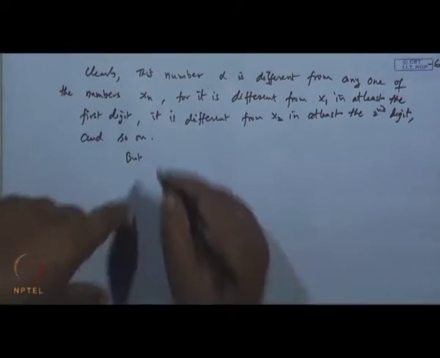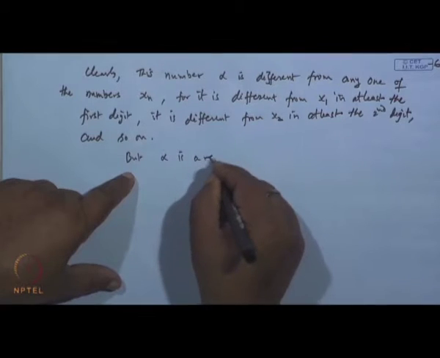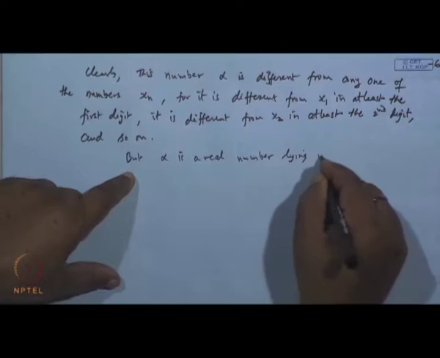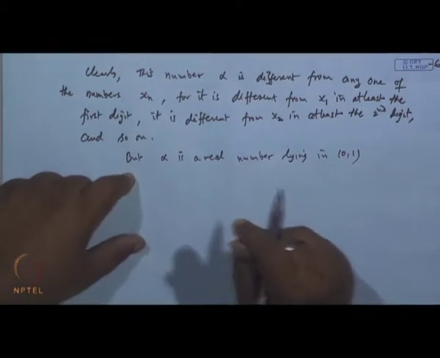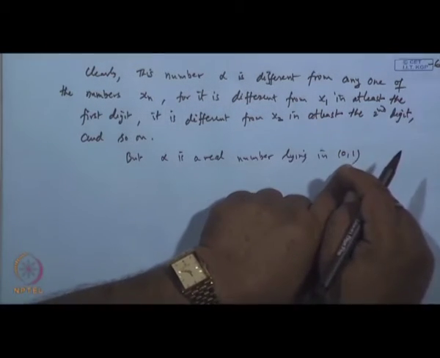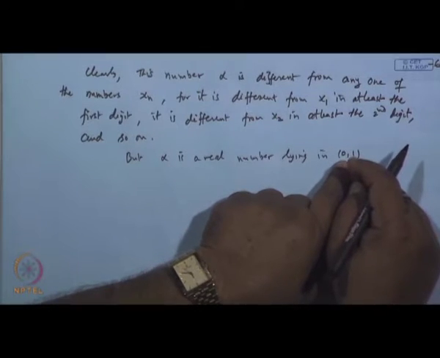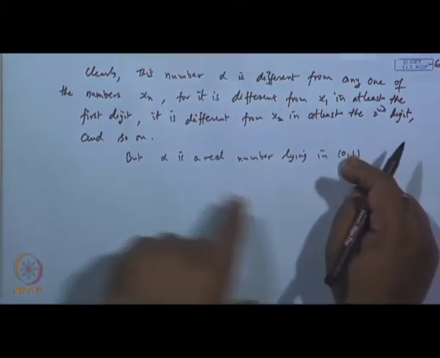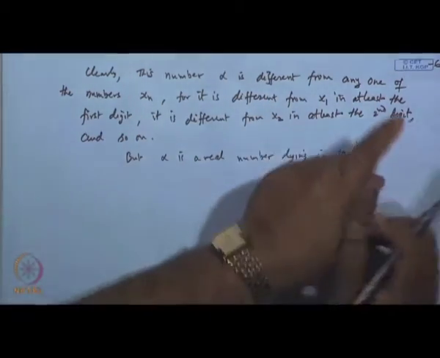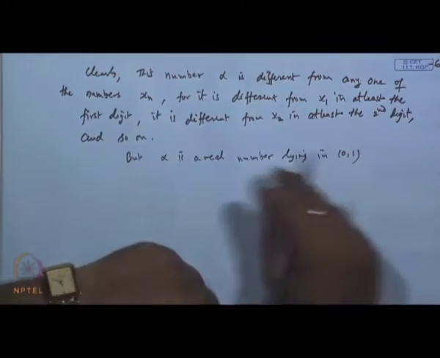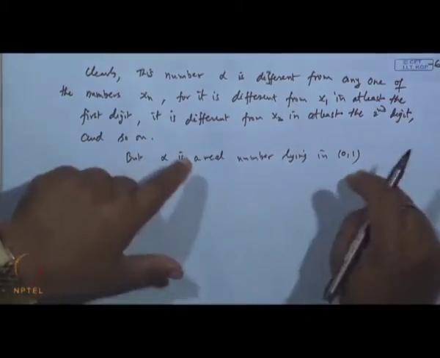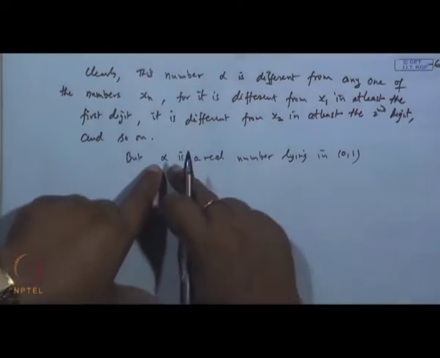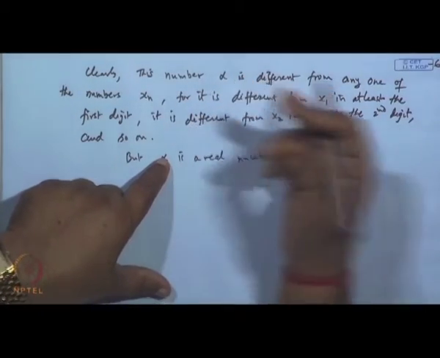So, alpha is a real number lying in the interval 0 1, and since we have assumed the set of all real numbers in 0 1 is countable, it can be arranged in the form of a sequence. But this alpha does not coincide with any one of these x n. It means that our assumption is wrong, because if it is countable, then alpha must be one of the x n's, but this is not true.